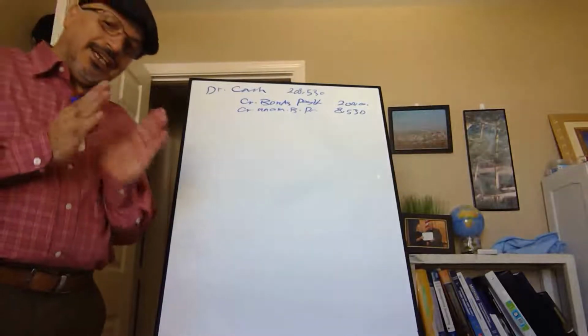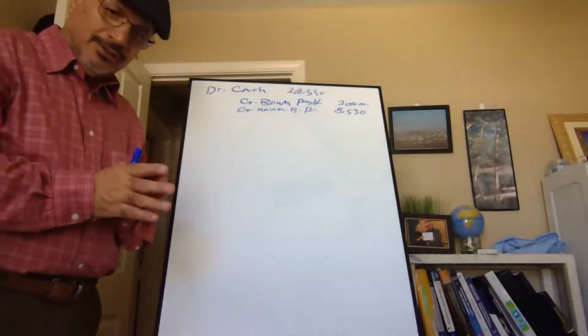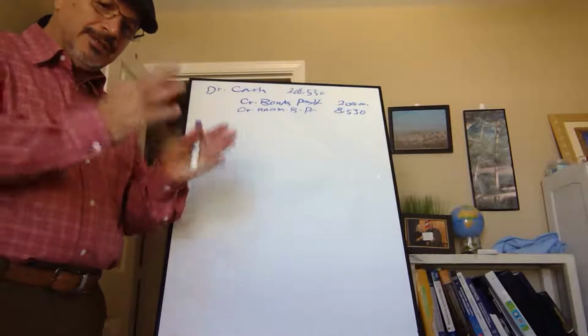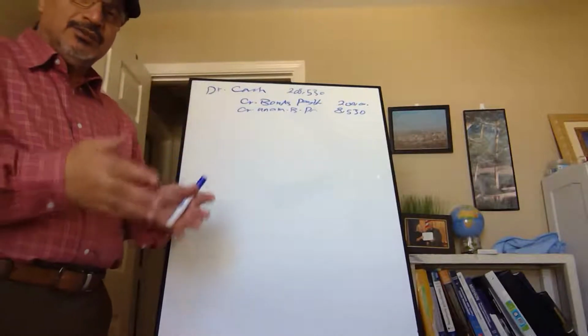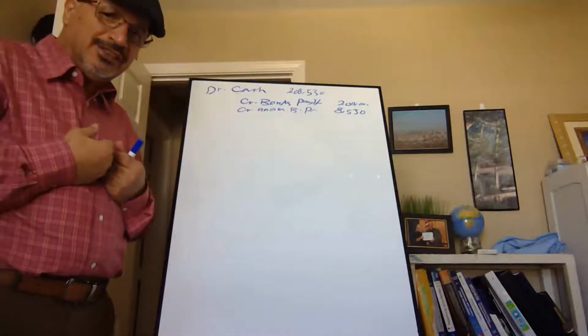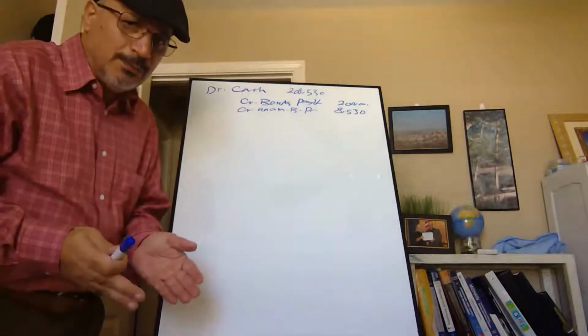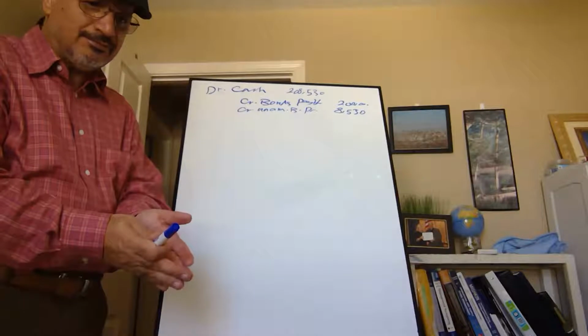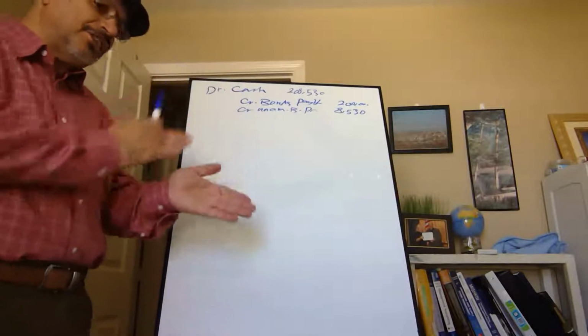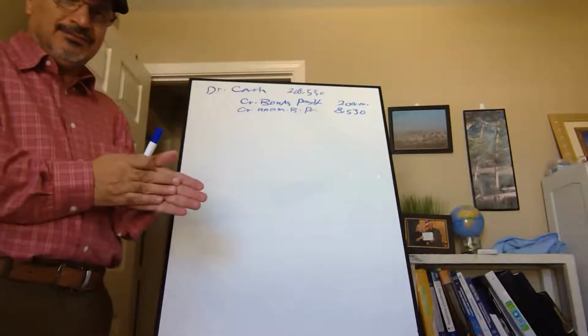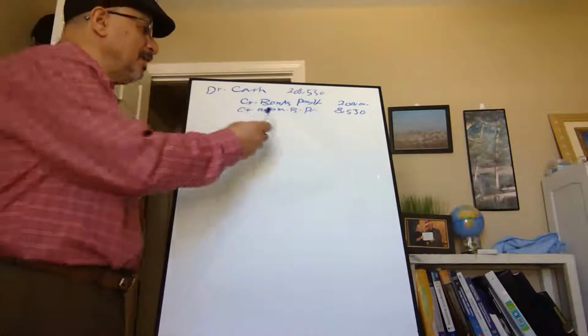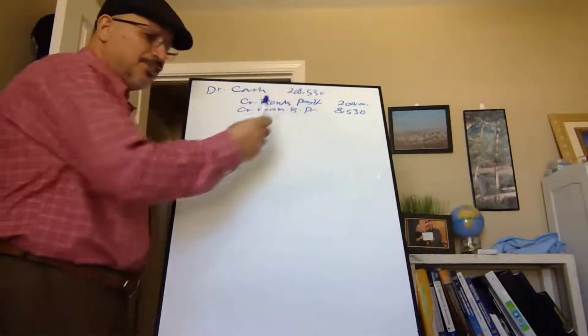Now, again, both the discount and the premium are going to affect our interest expense. We're still obligated to pay the $7,000, but the interest expense is a little bit different based on whether we have a premium or discount.